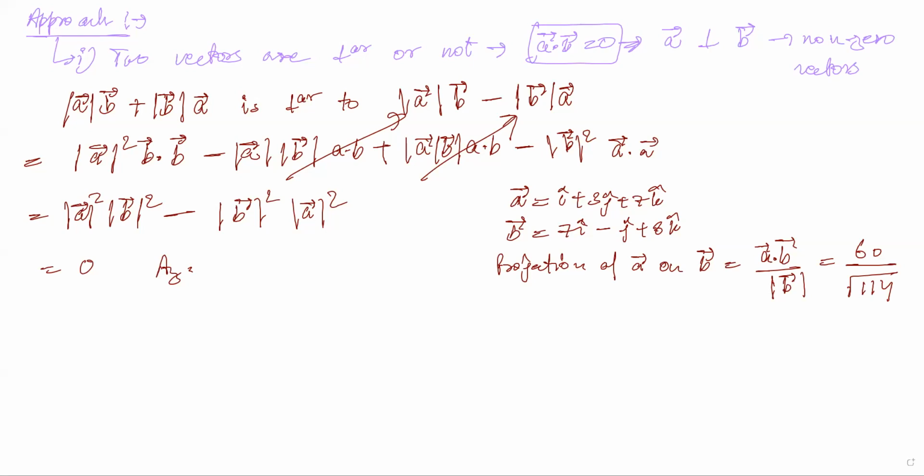Find the value of, you are given that a, b, c are unit vectors, and you have also been provided one of the equations: a plus b plus c is equal to 0. Vector a plus b plus c is 0. You have to find out the value of a dot b plus b dot c plus c dot a.